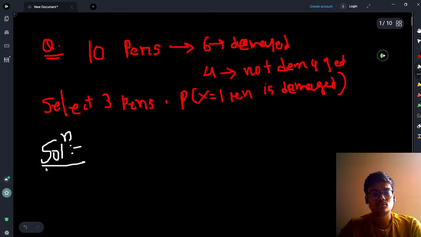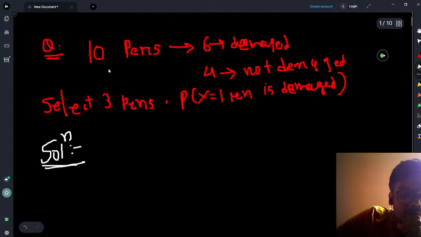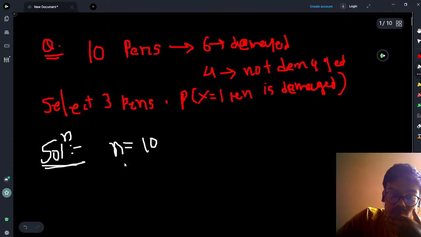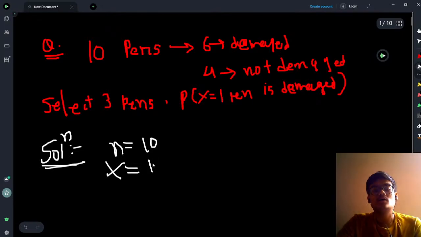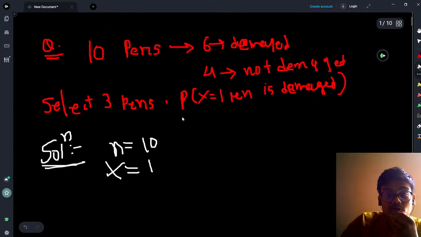First, we have 10 pens, so n is 10. We have to select exactly one pen, so x is a discrete random variable, in which damaged pen.